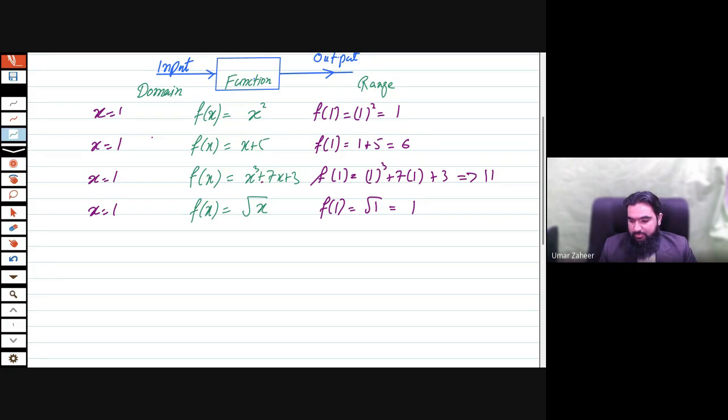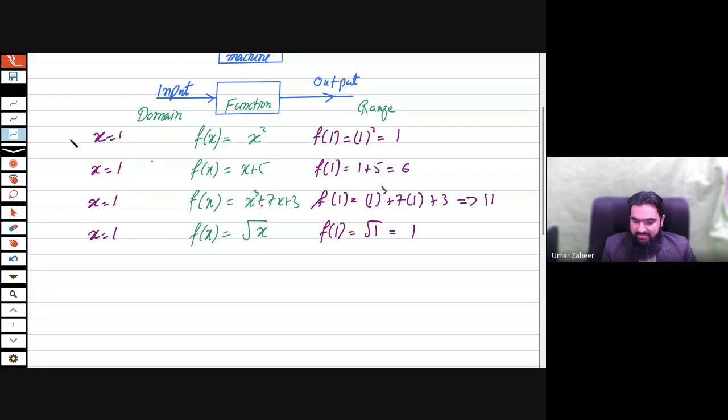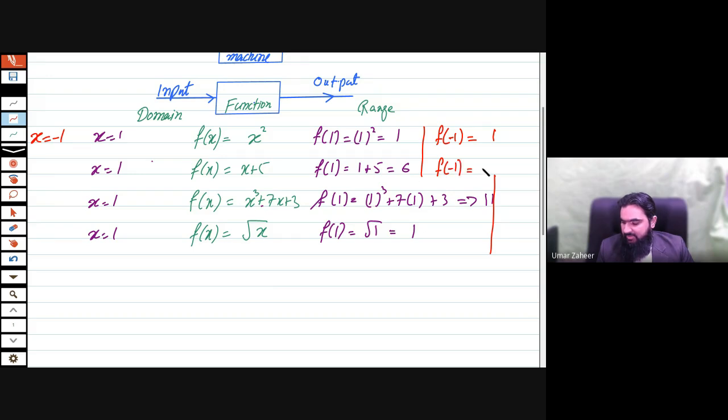But the most important thing that we have to consider here, look at here: if I substitute x is equal to minus 1, what will be the answer? If I substitute minus 1 in the first function, minus 1 squared will be 1. In the second function, it is minus 1 plus 5, that is 4.